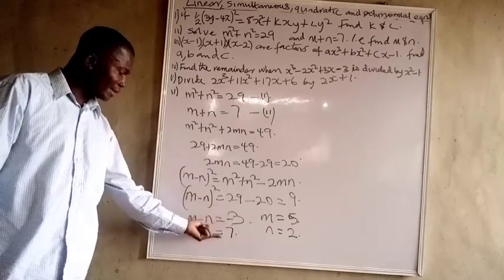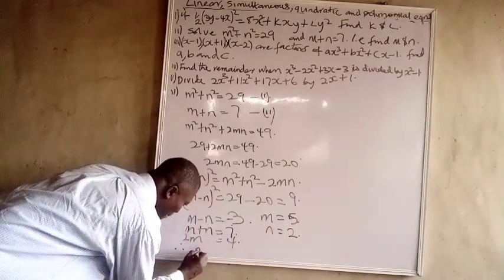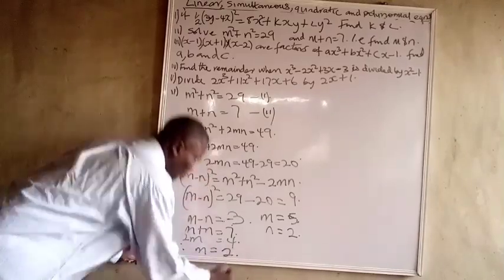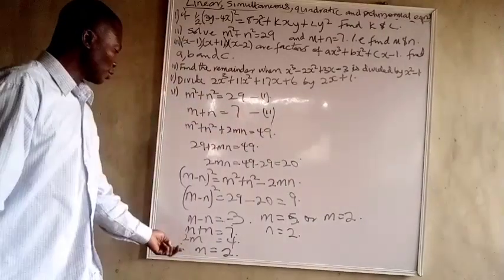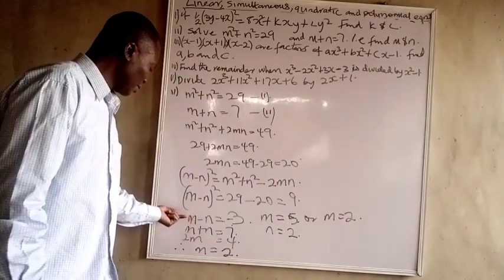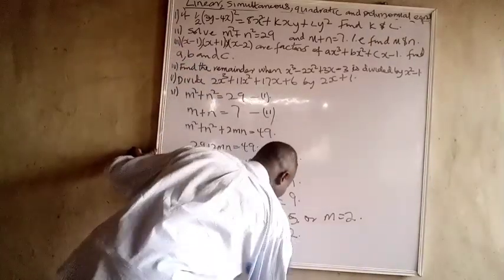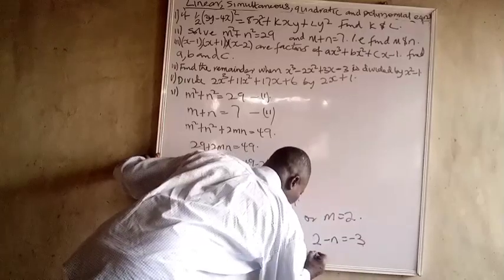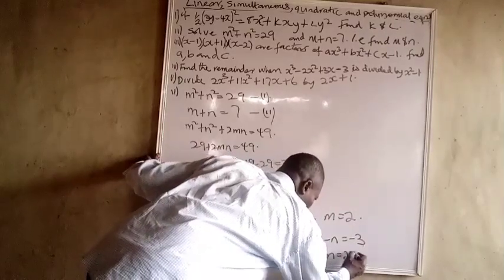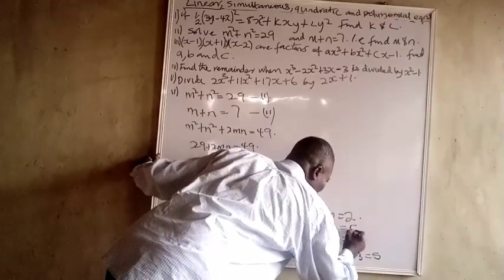When I add these two equations, I'm going to have 2n is equal to 4. Therefore, n will be equal to 2. So if n equals 2, I put it back into this equation. 2 here, m minus 2 equals minus 3. Therefore, m will be equal to 2 plus 3, which is equal to 5. So you can see.